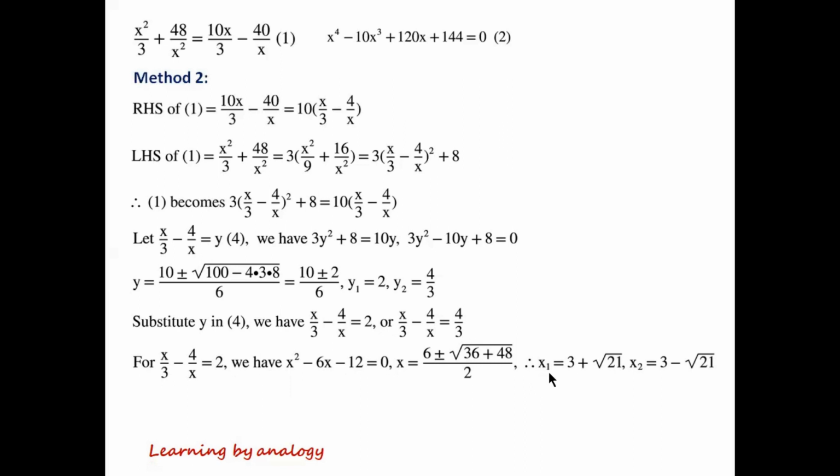So x1 equals 3 plus root 21, x2 equals 3 minus root 21.